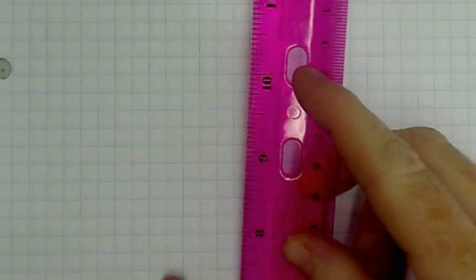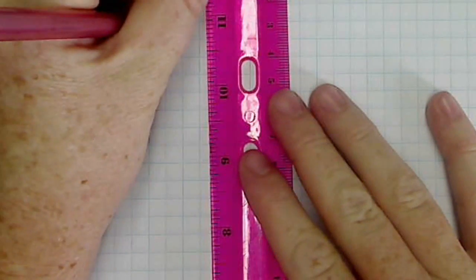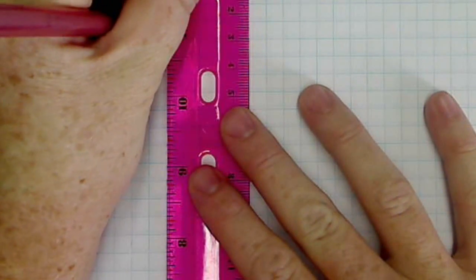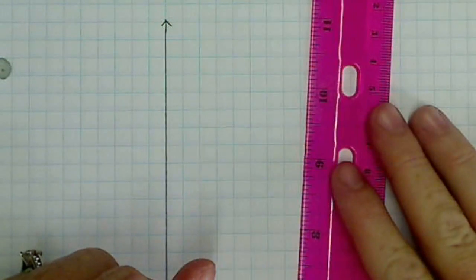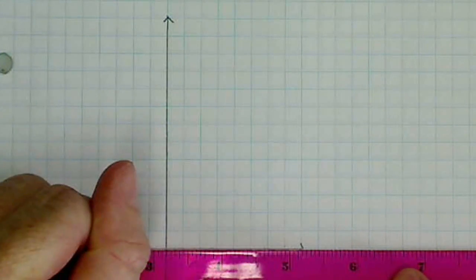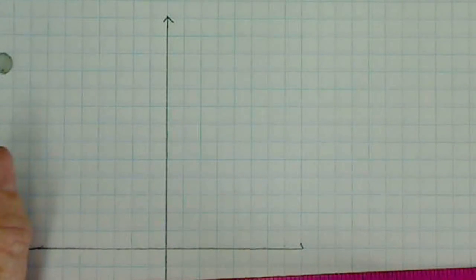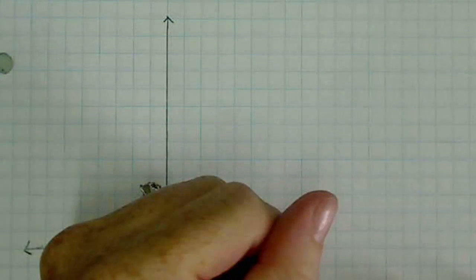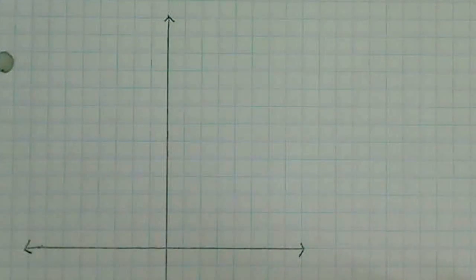There's no negatives, so you don't need to go too negative. Make sure you're using a ruler on this because we are finding an intersection.